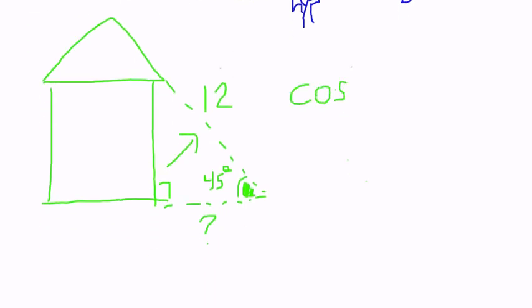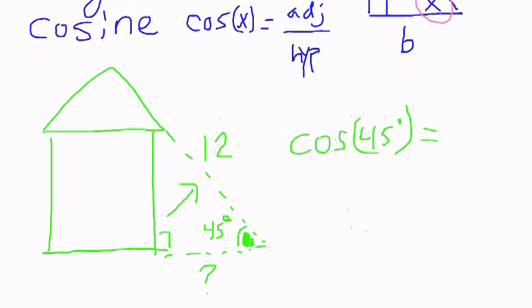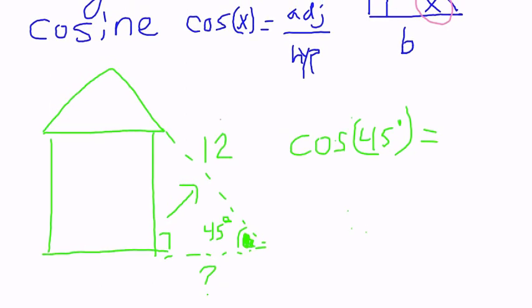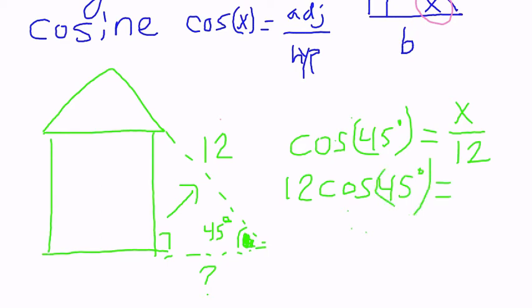Cosine of 45 degrees equals, and let me pull it up here, cosine equals adjacent over hypotenuse. So adjacent is x, we don't know what that is. Hypotenuse is 12. So then we multiply both sides by 12 and we get 12 times cosine of 45 degrees equals x. Then you just plug that into a calculator. You need to make sure your calculator is in degrees mode and not in radians.